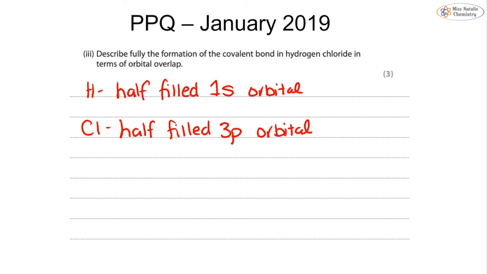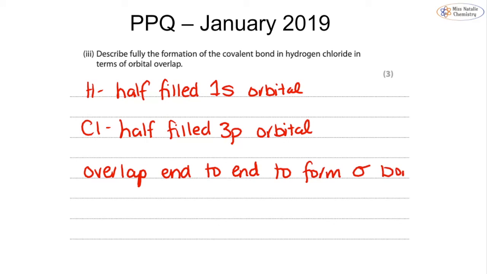Remember, the orbital is the space that holds just the 2 electrons, so if each of these have 1 already, they are already half filled. We then get an overlap of end to end to form a sigma bond.